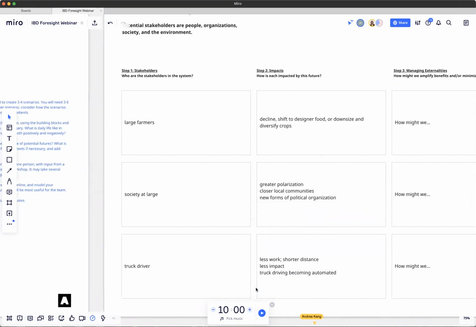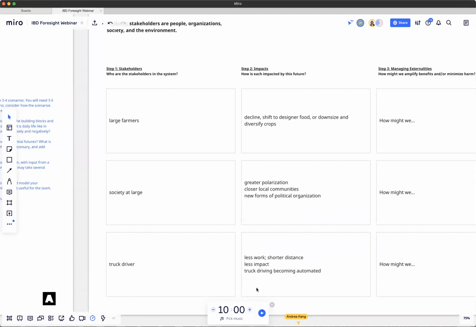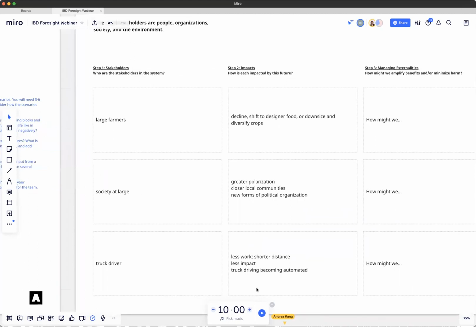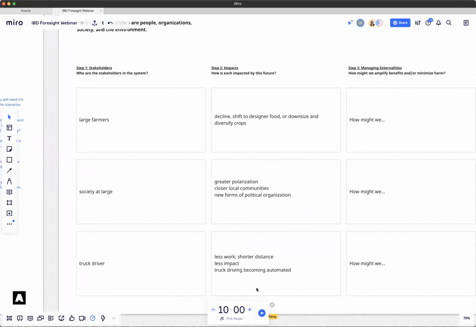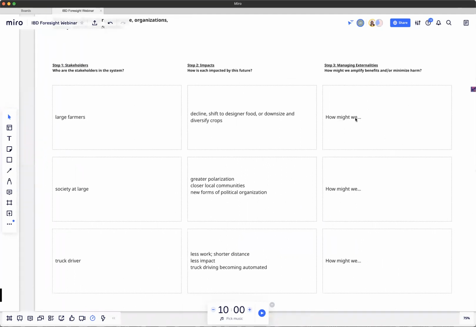So if we were to do this, we were to think hard about what's happening to all of our stakeholders, and there will be lots of them. We would then want to think about, well, how do we manage externalities? So how do we either amplify benefits that are positive or minimize harm? So if we were trying to minimize harm or amplify benefits for large farmers, what might we do?